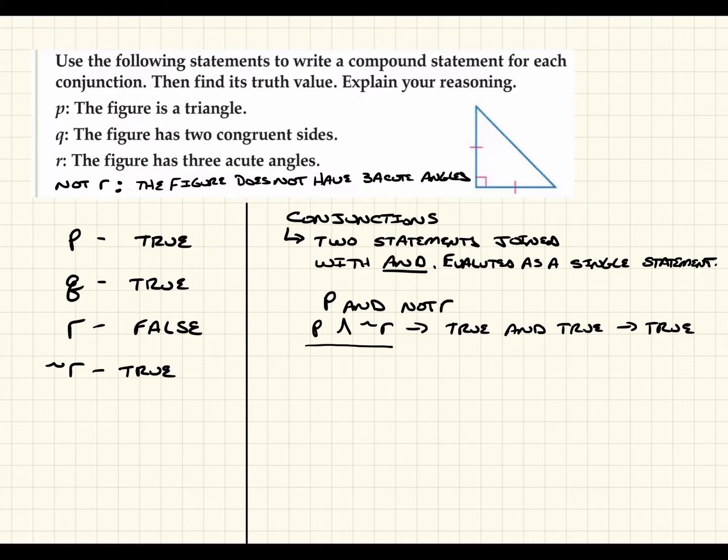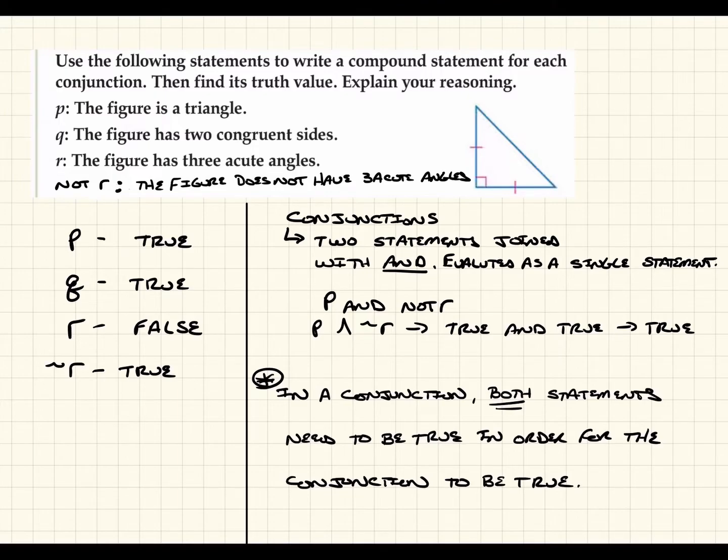So the conjunction of P and the negation of R, the figure is a triangle and the figure does not have three acute angles, that conjunction is true. Again, we have to remember that in a conjunction, both statements need to be true in order for the entire conjunction to be true.